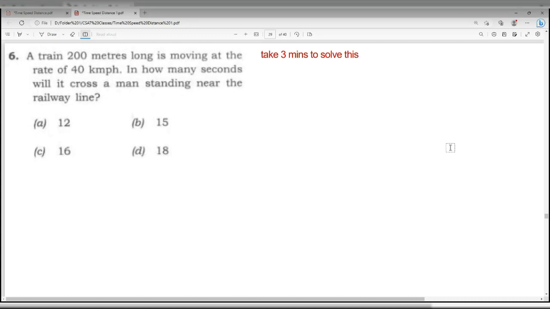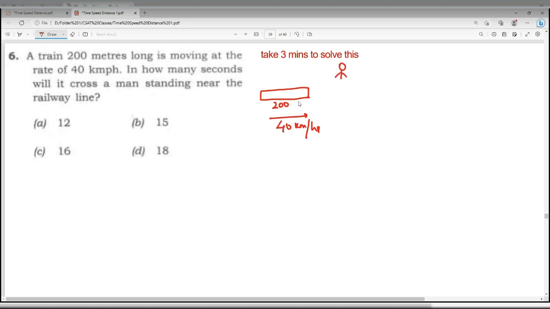They're saying the train is 200 meters long and is moving at a rate of 40 kilometers per hour. In how many seconds will it cross a man standing near the railway line? So we have this train. It is 200 meters and it is moving at 40 kilometers per hour. And there is this man.